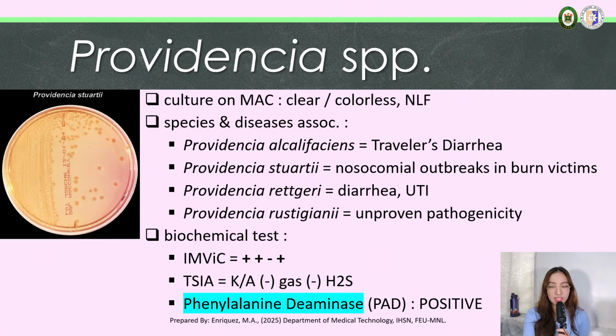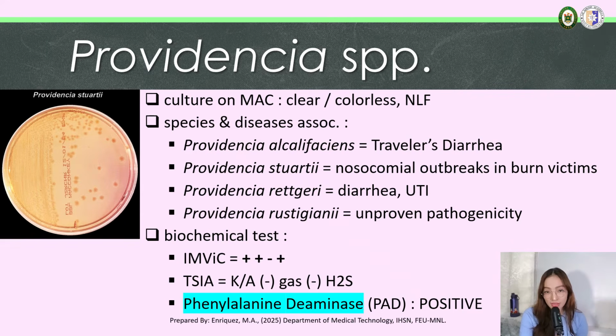The genus Providencia is composed of 5 different species: Providencia alcalifaciens, Providencia stuartii, Providencia rettgeri, Providencia rustigianii, and Providencia heimbachae. Providencia rettgeri has been documented to cause diarrhea and UTI, so it's primarily a urinary tract pathogen.